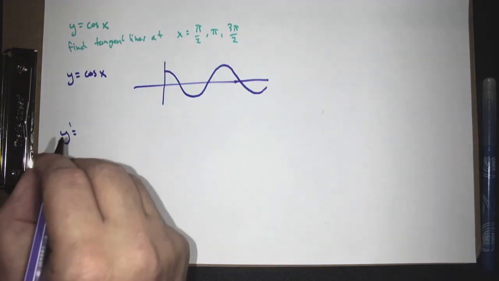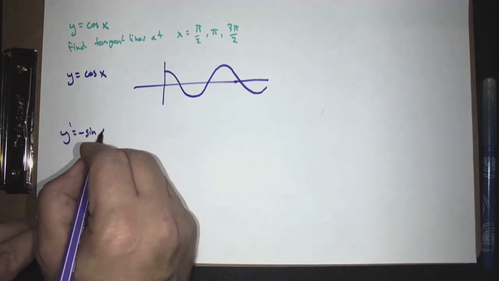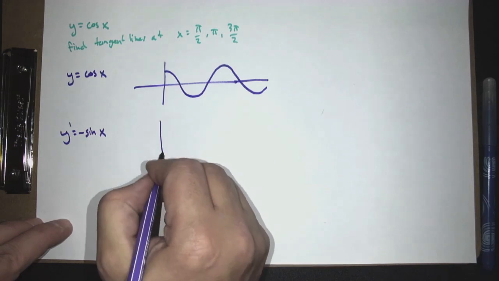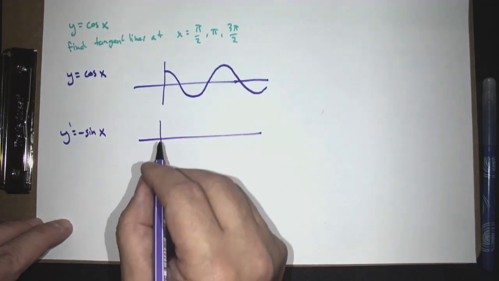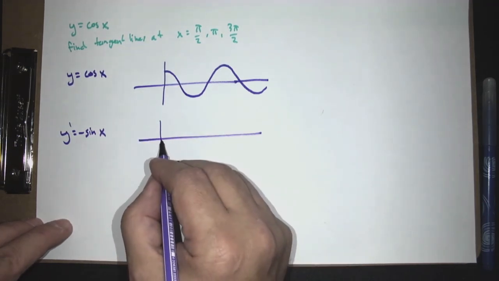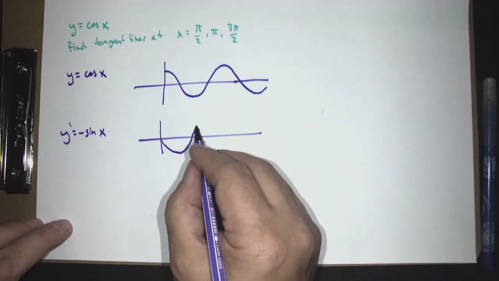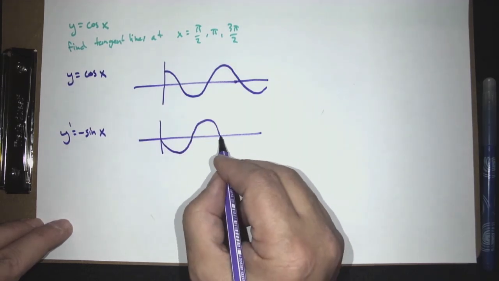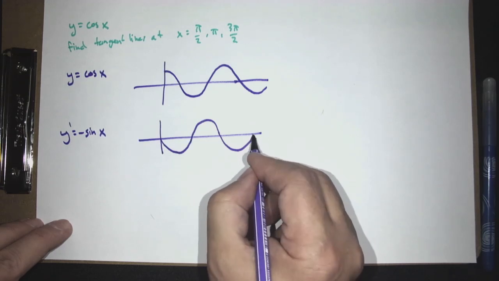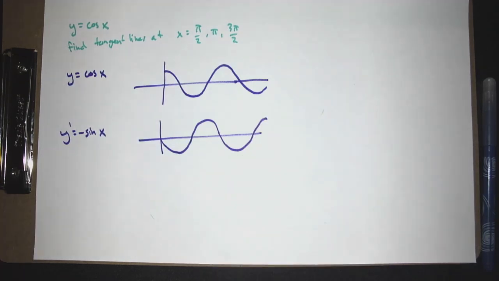Negative sine of x. Okay, so that looks like the following. Now I claim that I'm a bad artist, but there are some clues as to what's going on.